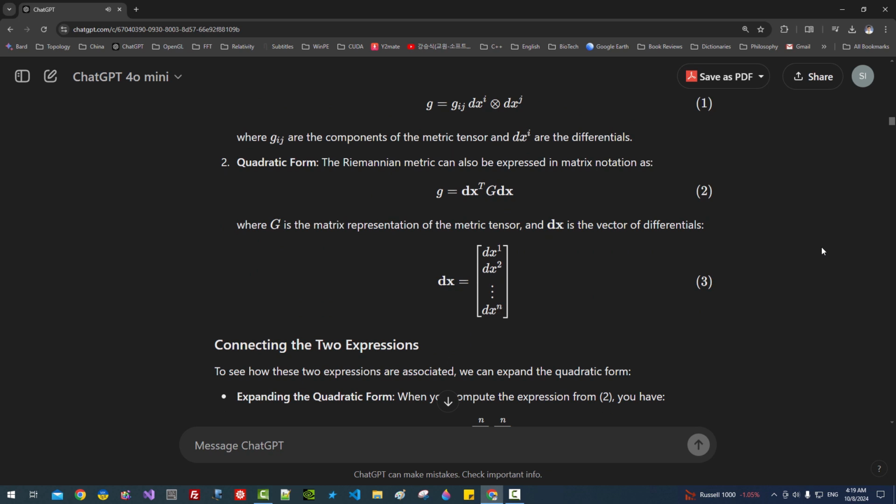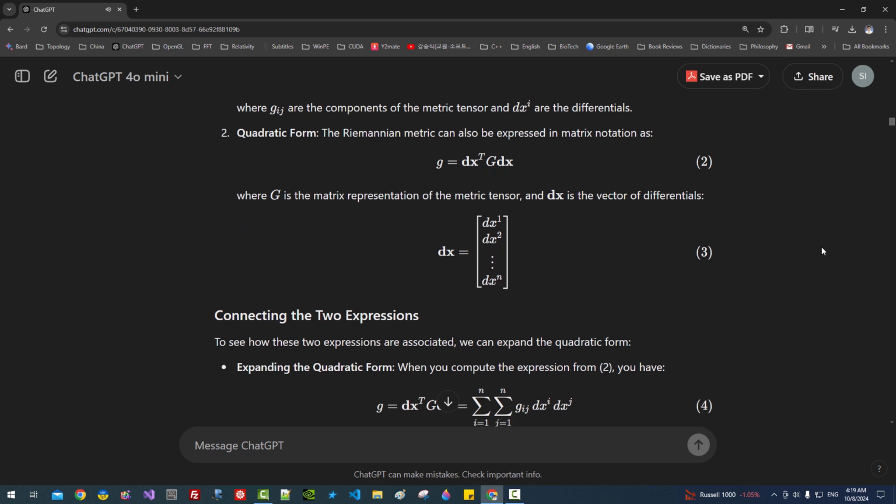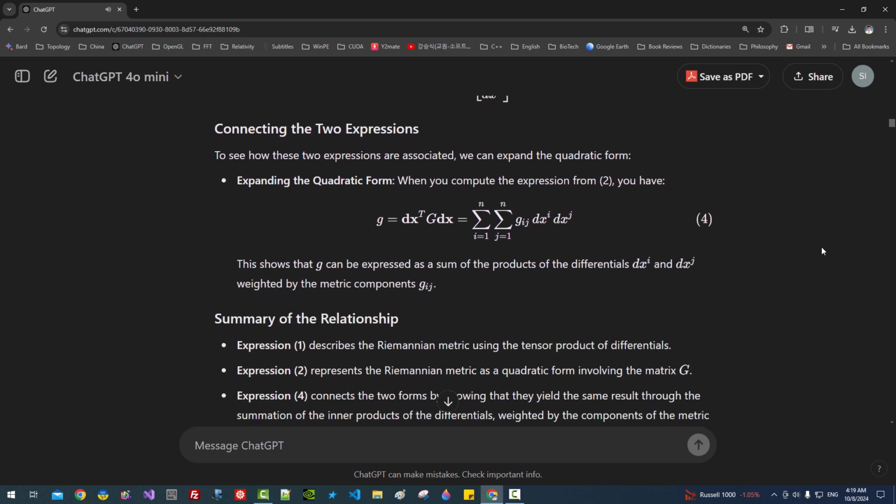2. Quadratic form. The Riemannian metric can also be expressed in matrix notation as g equals bold dx^T g bold dx, tag 2, where G is the matrix representation of the metric tensor and bold dx is the vector of differentials, bold dx equals begin bmatrix dx_1, dx_2, ..., dx_n end bmatrix. Connecting the two expressions.